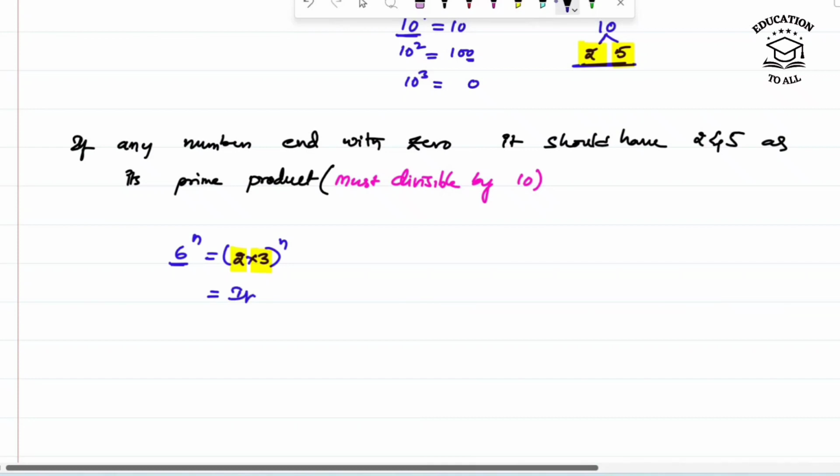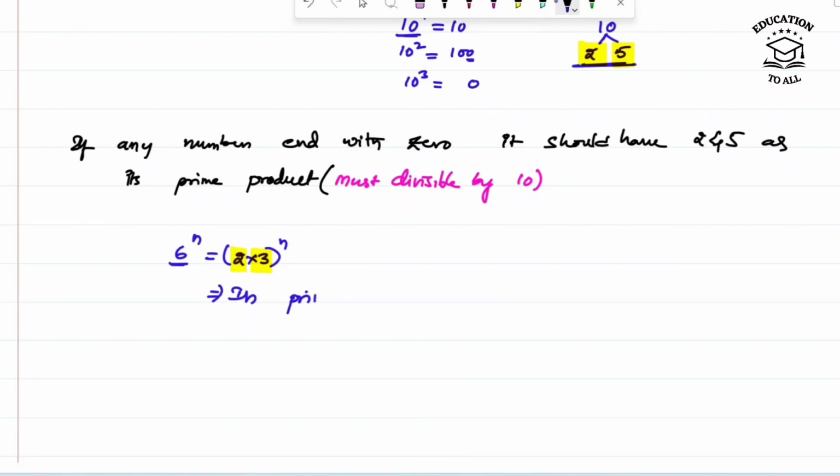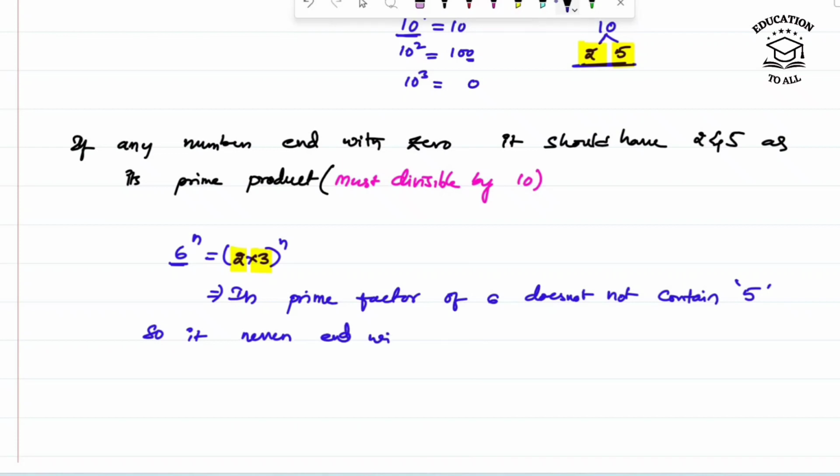So the prime factors of 6 do not contain 5, so it never ends with digit 0.